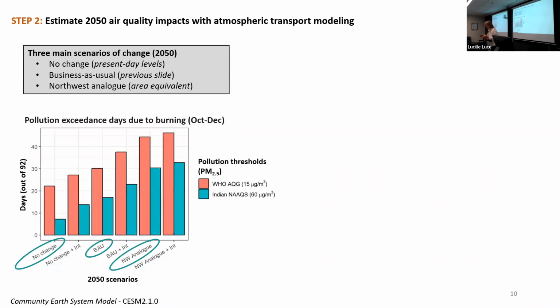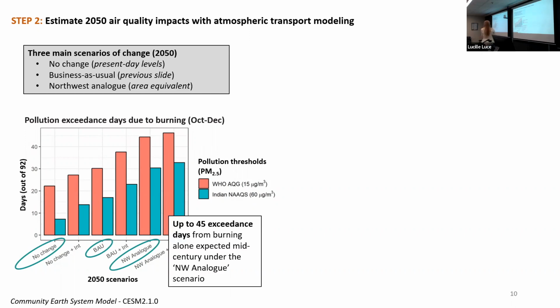And when we look at the number of exceedance days just for burning alone, so this is not traffic, this is not industrial, this is burning alone, we can see that in the Northwest analog there are up to 45 days of exceedance, out of 92 within the 3-month period, that are expected to be above that threshold.